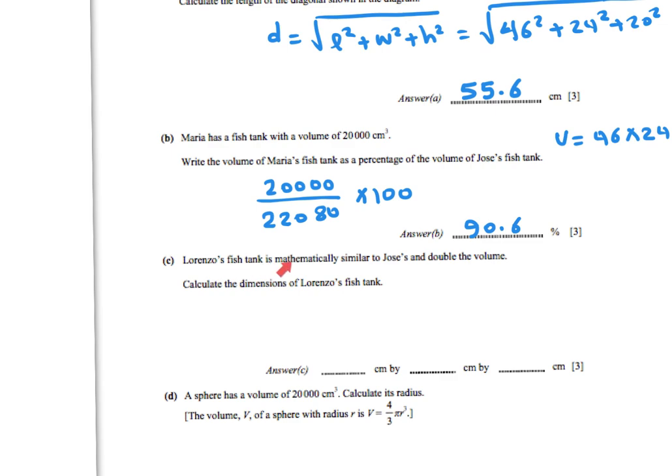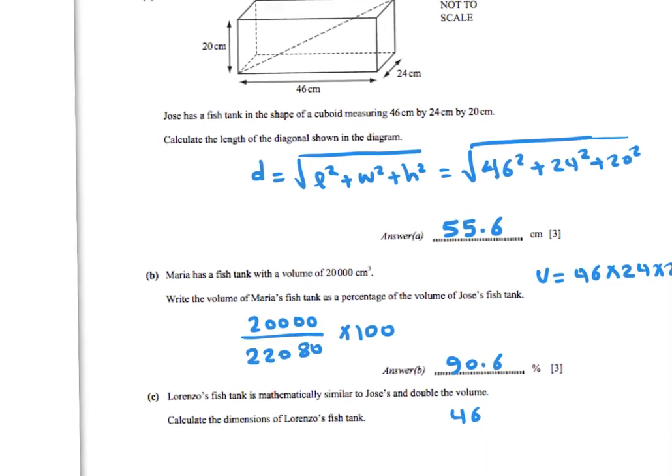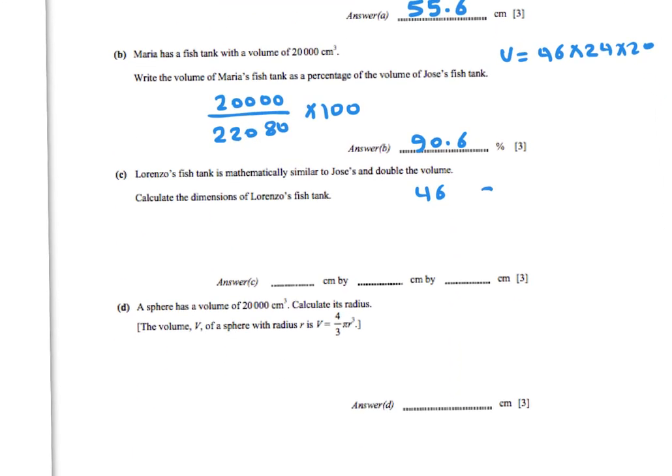Lorenzo's fish tank is mathematically similar to Joe's and double the volume. Calculate the dimensions of Lorenzo's fish tank. We have the dimensions for Joe, which are 46, 24 and 20. To find the ratio between Lorenzo's dimensions and Joe's dimensions, we have the volume of Lorenzo double the volume of Joe.